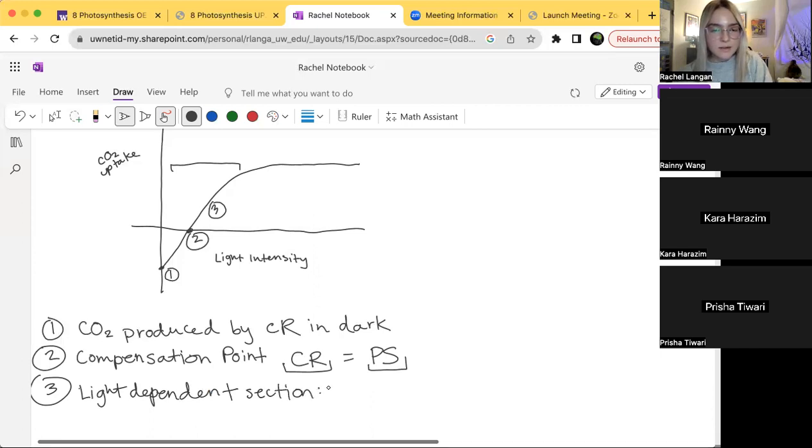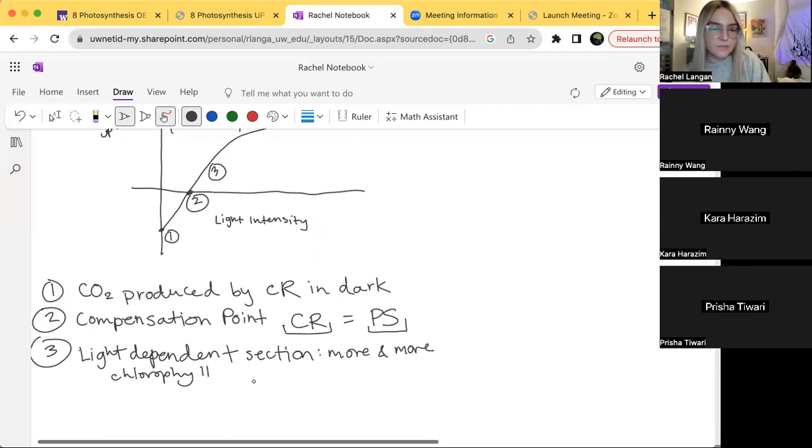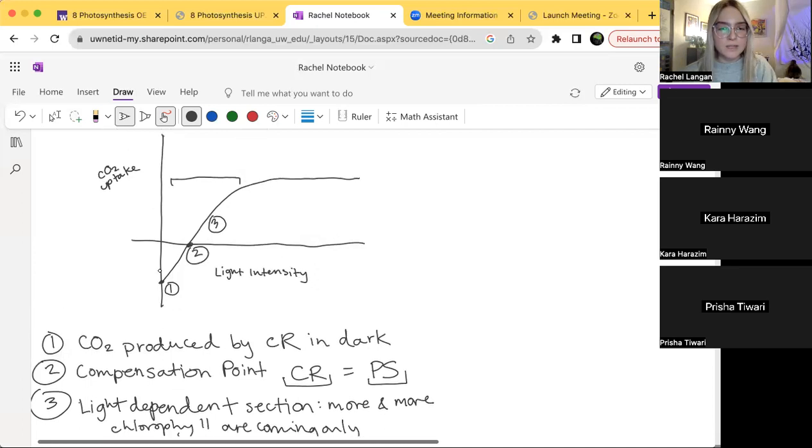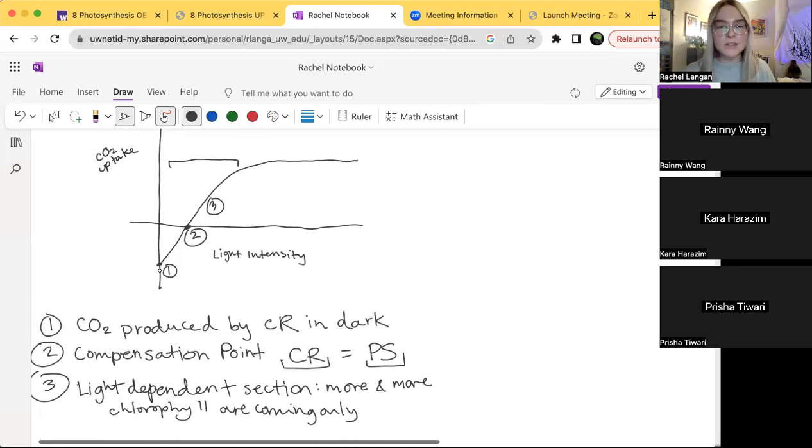And you can think of more and more chlorophyll coming online. So in that region, we're increasing the amount of light reactions, increasing the amount of ATP and NADPH we're creating.